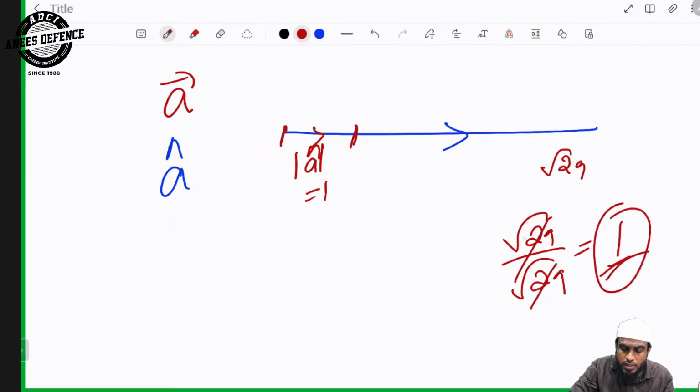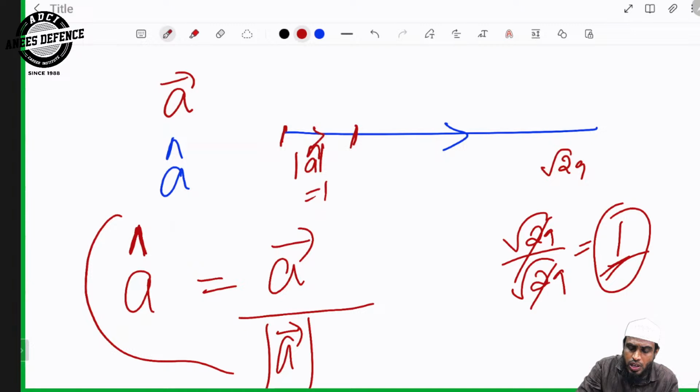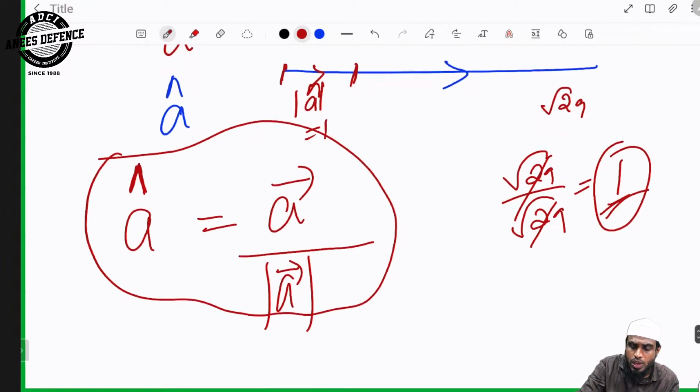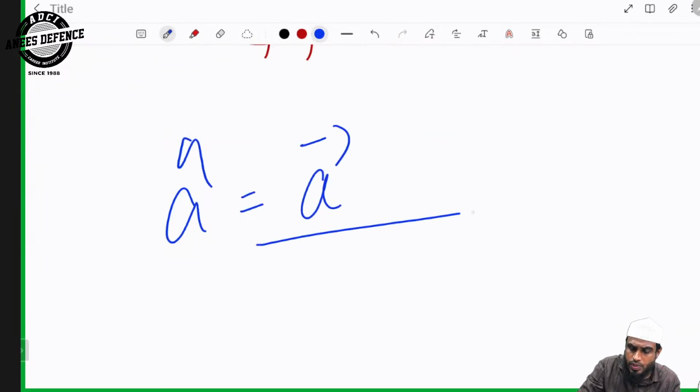That means if a vector is divided by its magnitude, you will get a unit vector along the same direction. So this is the important formula: A cap equals vector A divided by magnitude of A.